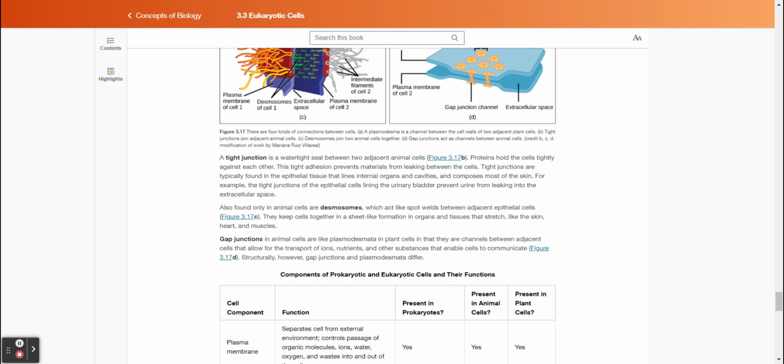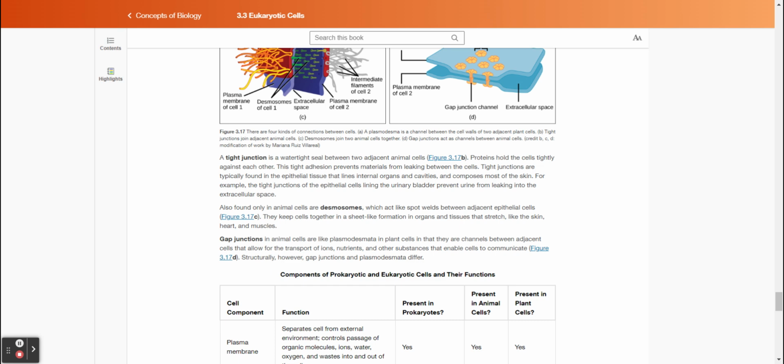For example, the tight junctions of the epithelial cells lining the urinary bladder prevent urine from leaking into the extracellular space. Also found only in animal cells are desmosomes, which act like spot welds between adjacent epithelial cells. They keep cells together in a sheet-like formation in organs and tissues that stretch, like the skin, heart, and muscles.